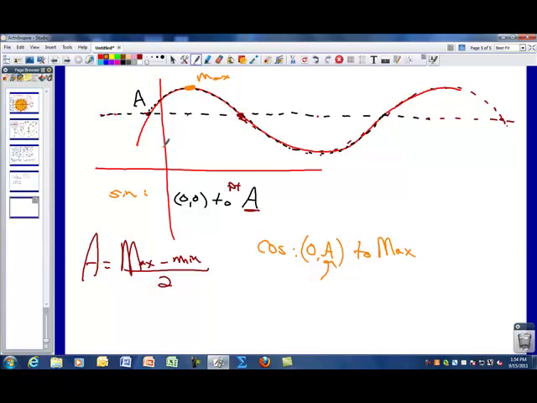So if you know what the amplitude is, let's just say it's 2, then your shift would be right there. We're going to get into shifts in just a little bit. Look at that on the screen. Is that part of the sine or part of the cosine?